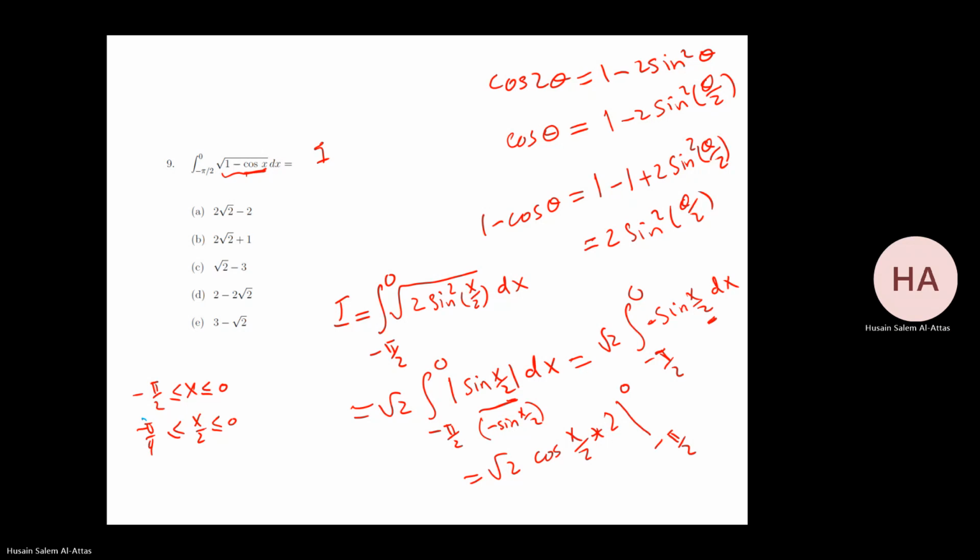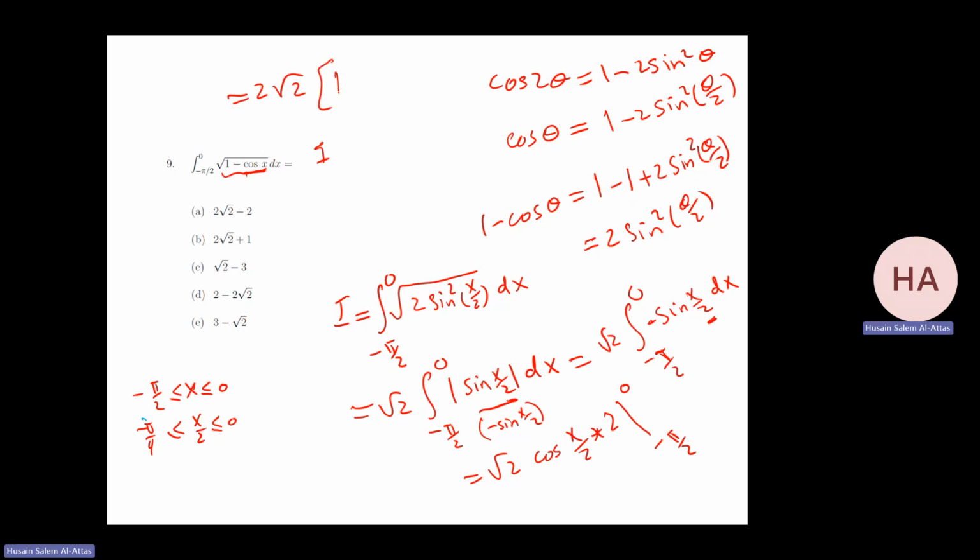Okay, so that gives me what? 2 square root of 2, cosine 0 is 1. Let me do the calculation here. It will be 2 square root of 2 times what?